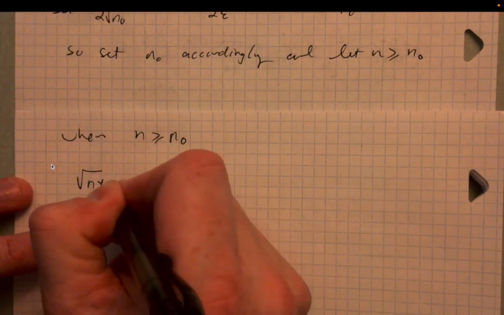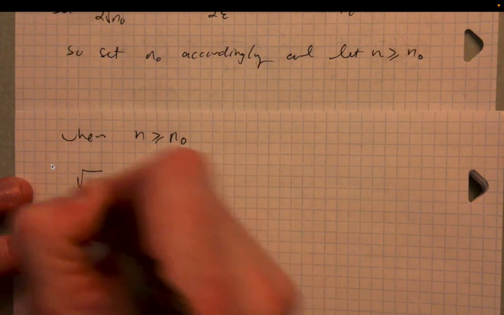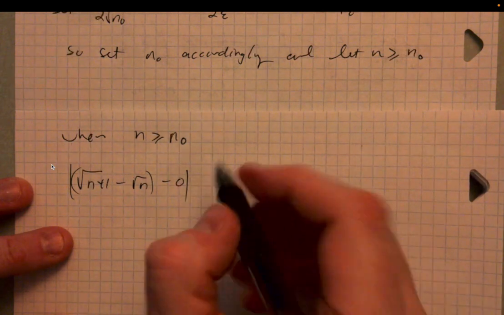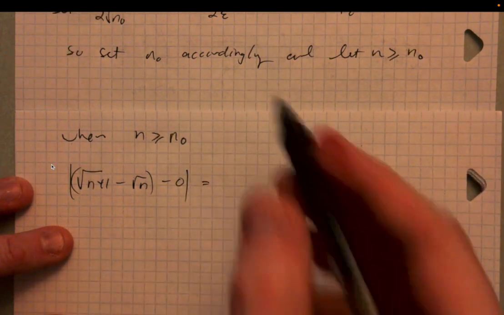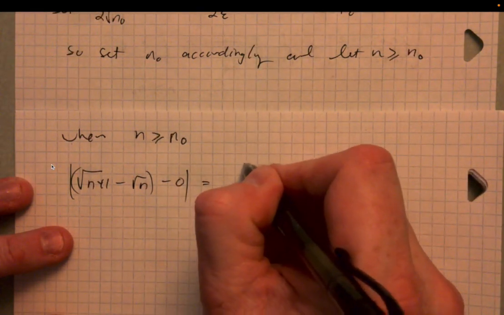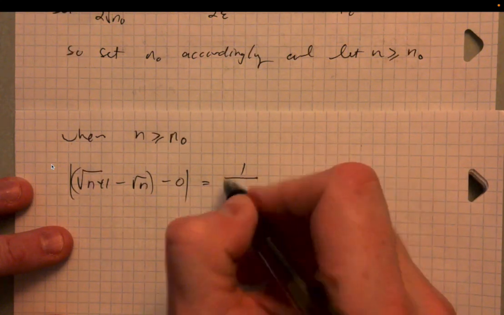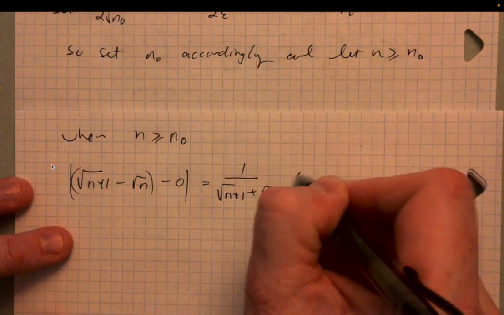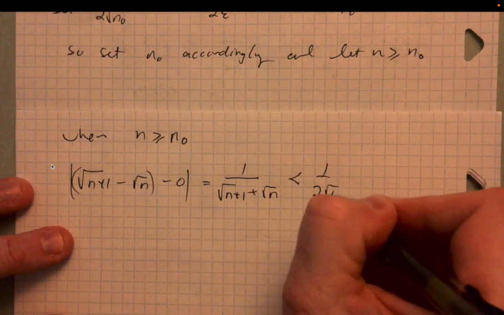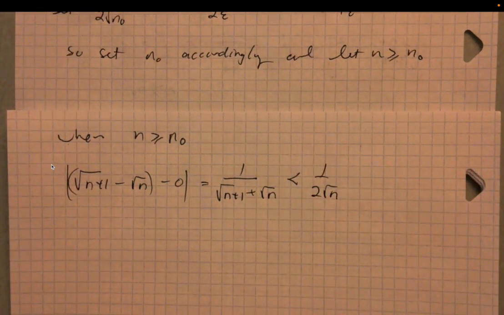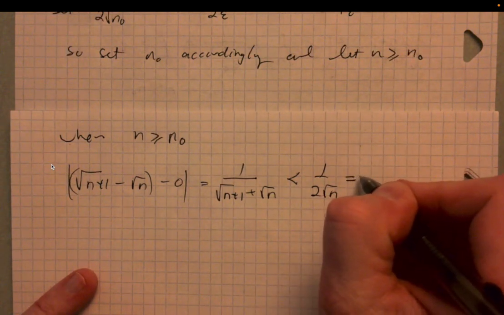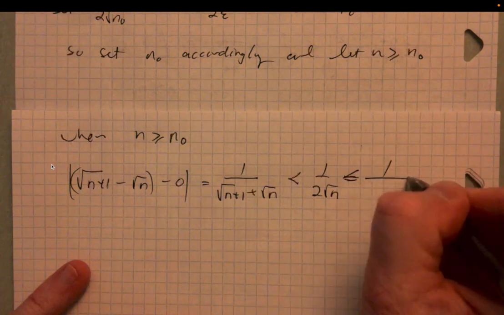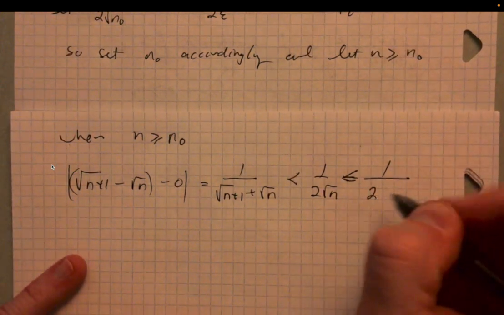The square root of n plus 1 minus the square root of n, minus 0, so that's the sequence minus the limit, is equal to, we did all this math already, 1 over the square root of n plus 1 plus the square root of n, and we know that that's less than 1 over twice the square root of n, right? And so at this point we can plug in our value for epsilon, and everything will nicely work out here.